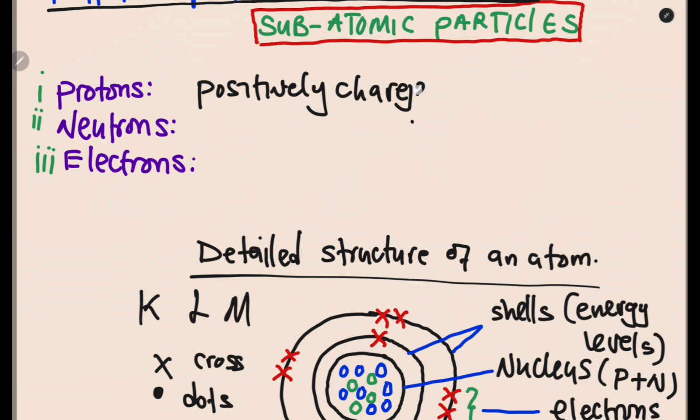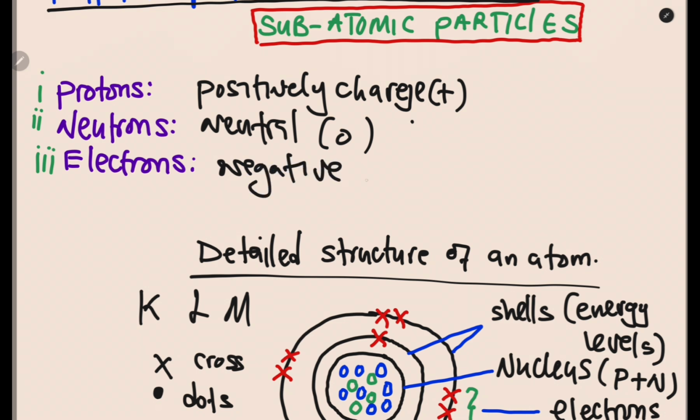In terms of charge, the neutrons, as the name suggests, are neutral, which means they have a charge of 0. Then the electrons are negative. So that is something that you should know.